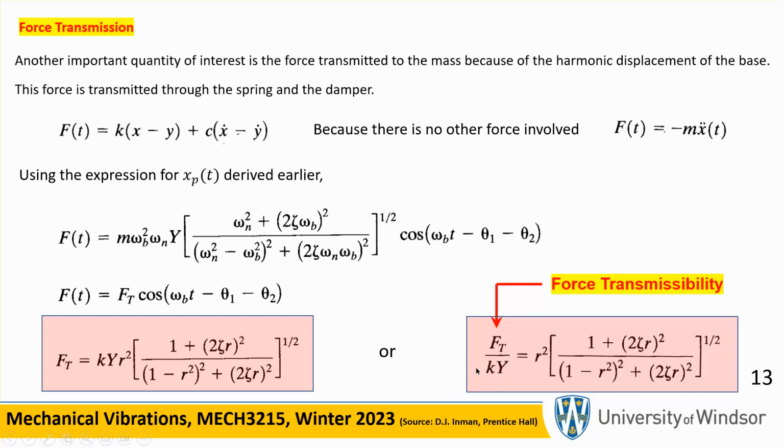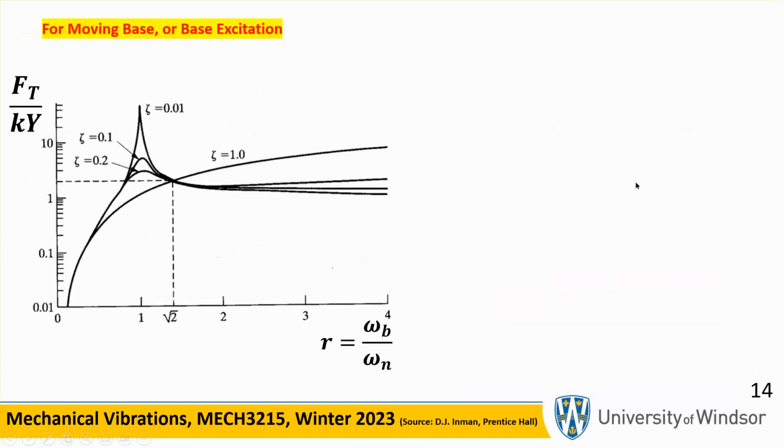So this is called force transmissibility, but it is for a moving base or base excitation. And there's an r squared here. In the first part of the course, the first 15 minutes, we had Ft over F naught, and there was no r squared there. Okay, so let's move on.